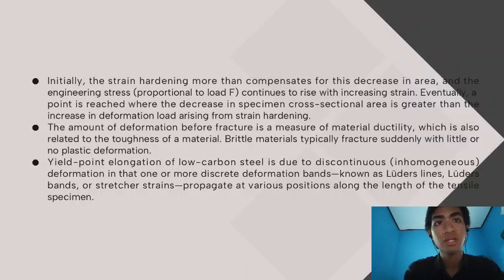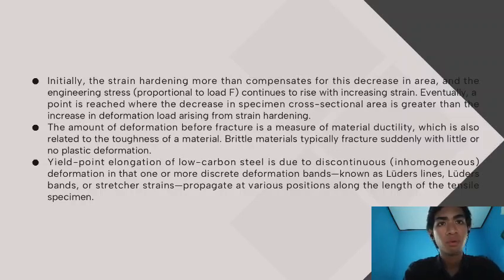Yield point elongation of low carbon steel is due to discontinuous deformation, in that one or more localized deformation bands, known as Luders lines, Luders bands, or stretcher strain, propagate at various positions along the length of the tensile specimen. This band forms at an angle of approximately 45 to 55 degrees to the stress axis.